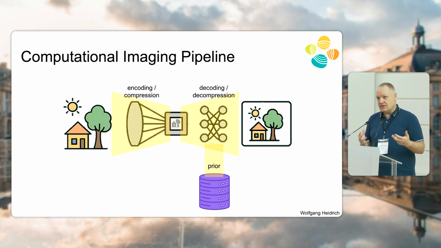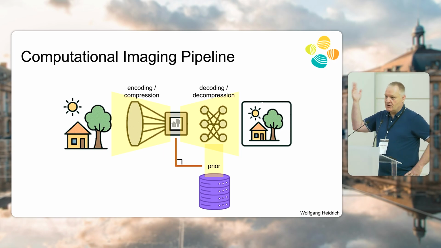Now, where computational imaging comes in is when you try to co-design the optics and the decoding, the computational part, in such a way that you make the most use of the bandwidth that you have through your image sensor, right? This is the funnel.